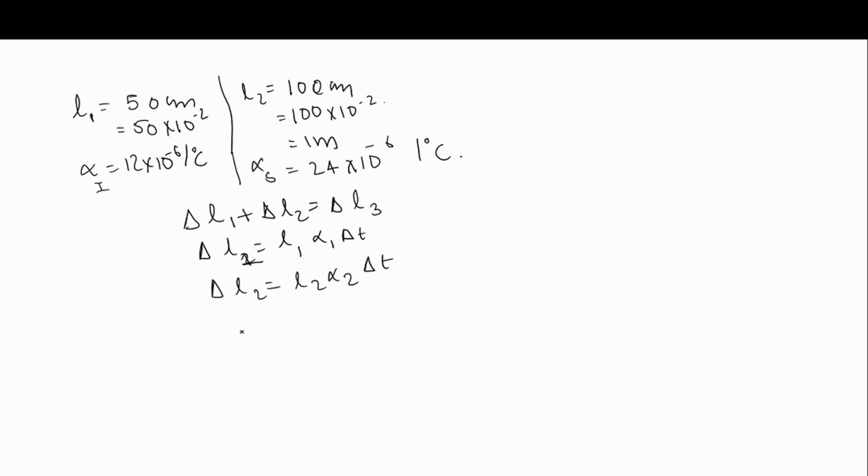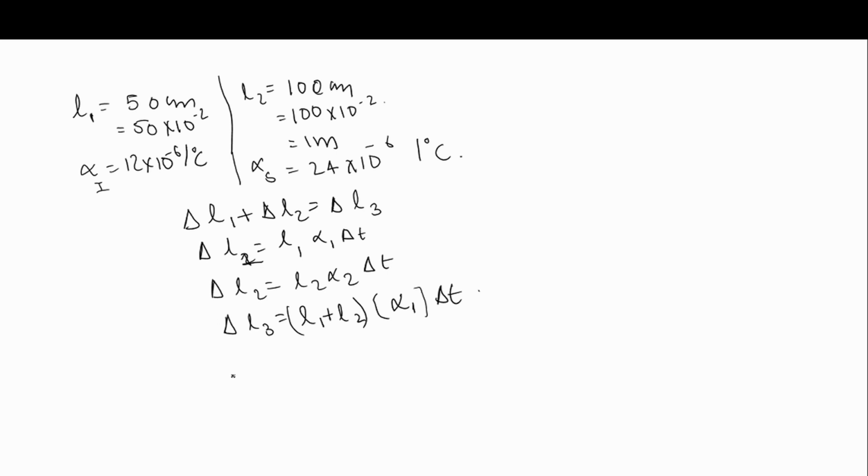Now we should find delta L3, which is equal to L1 plus L2 into the new alpha, which is formed by joining the rods, into delta T. Now we'll replace the values.